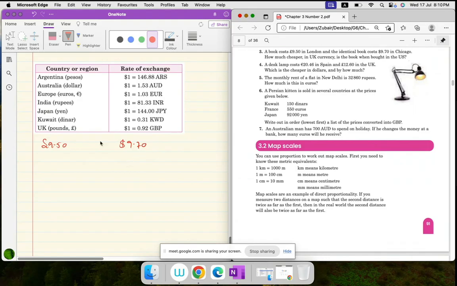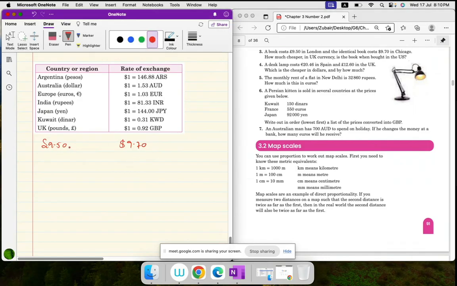So 0.92. This needs to be converted into dollars, so that is X dollars. And the exchange rate is already given: when we have $1, we are getting 0.92 British pounds. So I'm cross multiplying and X is equal to 9.50 by 0.92.